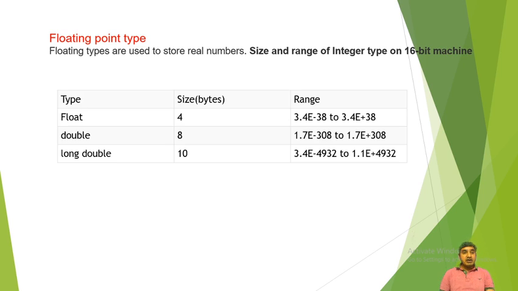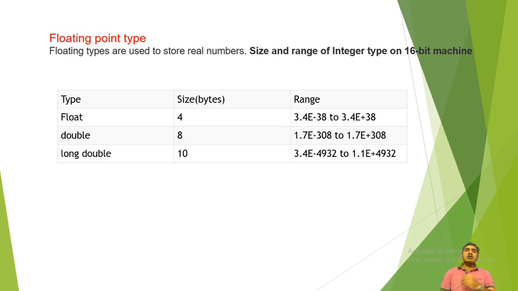Now double, its size is 8 bytes, so it is 64 bits. The range is 1.7 e raised to minus 308 to 1.7 e raised to plus 308, or 1.7 into 10 raised to minus 308 to 1.7 into 10 raised to plus 308.